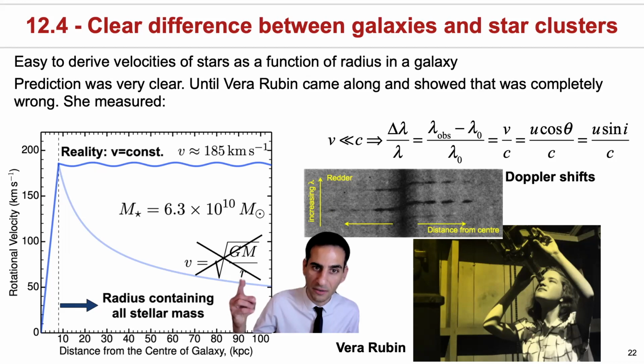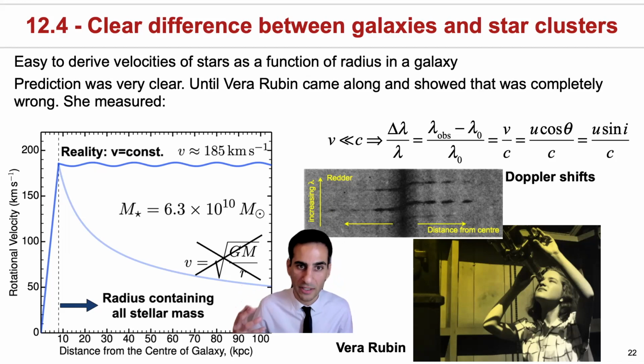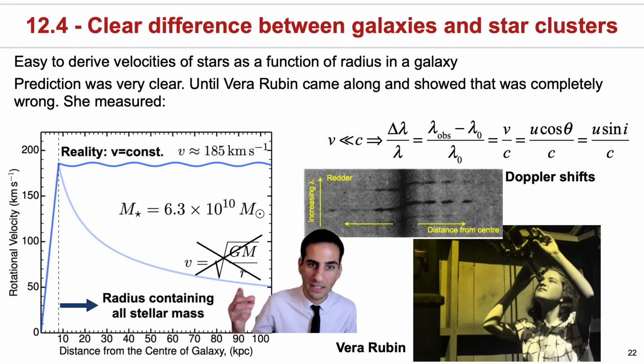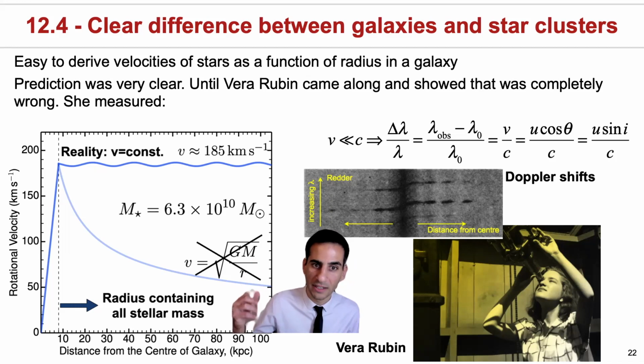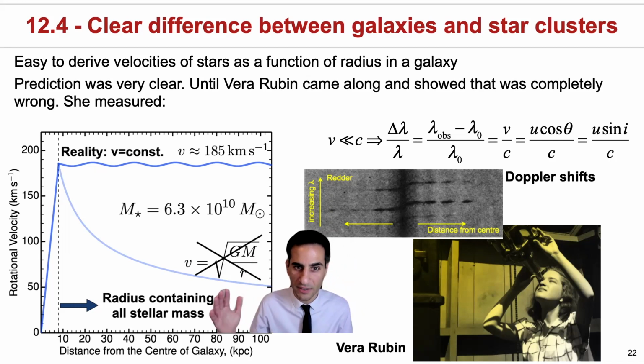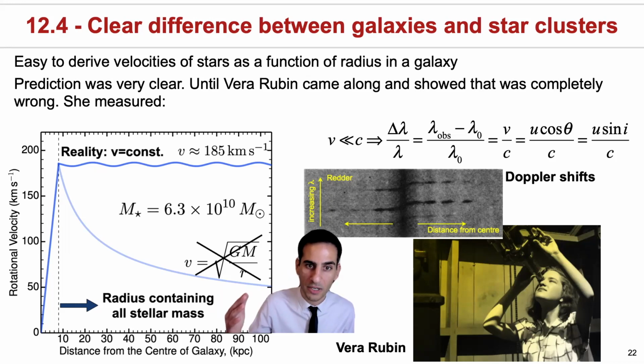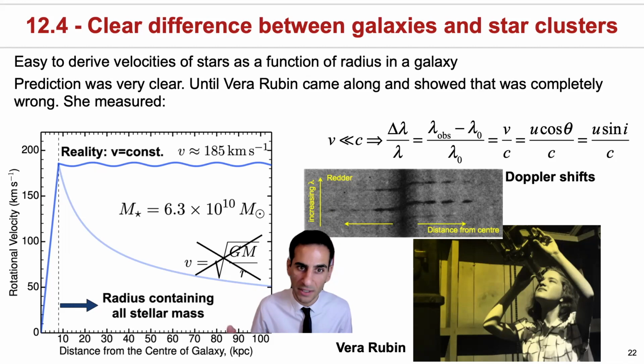In other words, the only way we could think of, especially at the time, and the modern way of interpreting these observations, is that M is essentially a linear function of r. And in other words, even beyond the radius that we thought contained all the mass, there's actually more and more and more mass that we cannot see. Something like 80% of the mass in many galaxies is in this form, and this is what we call dark matter.